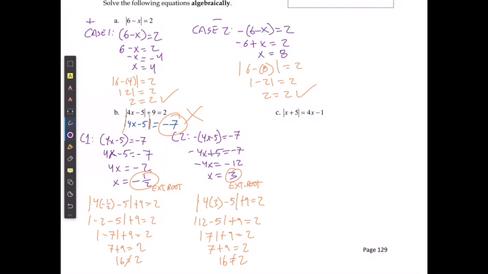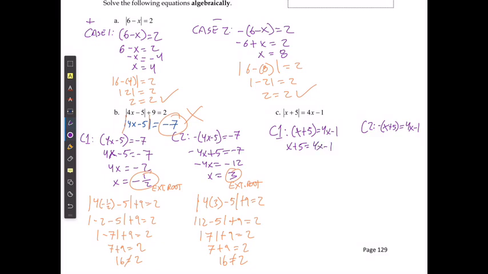All right, and taking a look at case C. Well, it's already isolated, so for case 1, I would have positive x plus 5 is equal to 4x minus 1. And for case 2, the negative of x plus 5 is going to equal 4x minus 1. This is going to give me x plus 5 is equal to 4x minus 1.